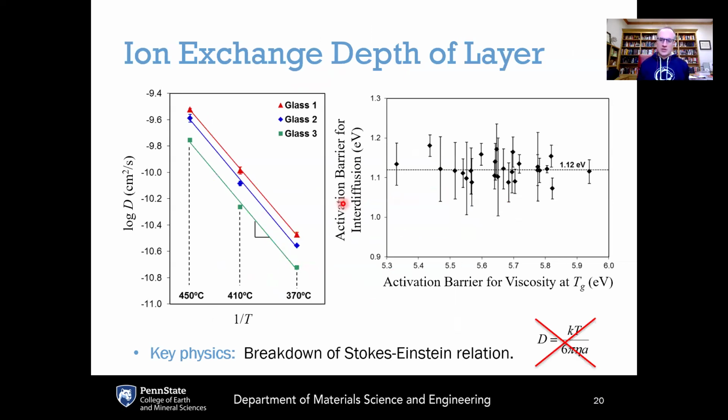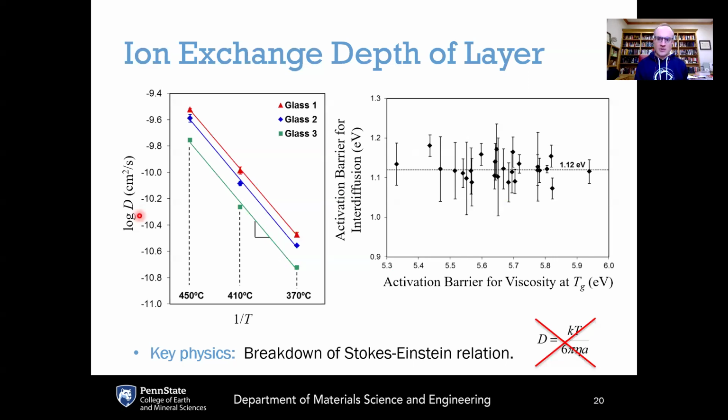Now, the next question becomes, what is governing the kinetics of the ion exchange process? And the key parameter there is the depth of layer, or how deep does this compressive stress profile go? The left-hand plot here shows the logarithm of the diffusion coefficient of the ion exchange process.